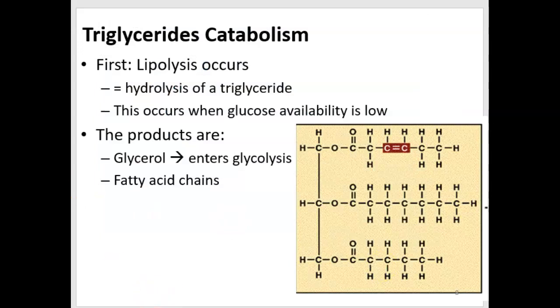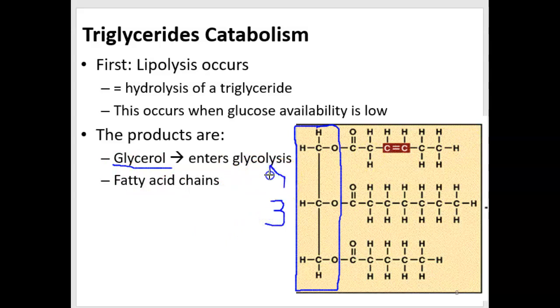Now let's talk about triglycerides a little bit. Now, triglyceride structure we should review. This is the glycerol backbone. So when lipolysis occurs, or hydrolysis of a triglyceride, the fatty acid chains are removed from that glycerol. It has 3 carbons.